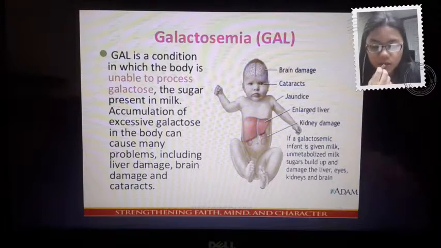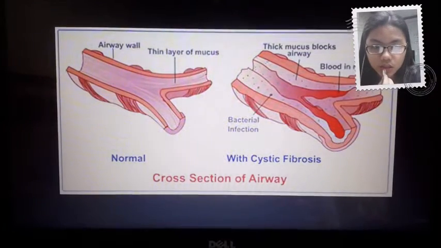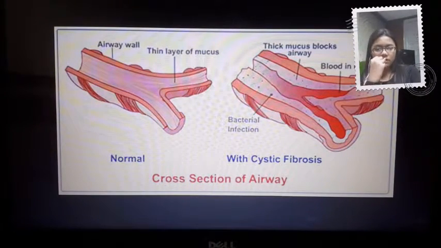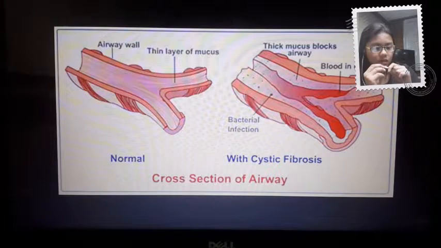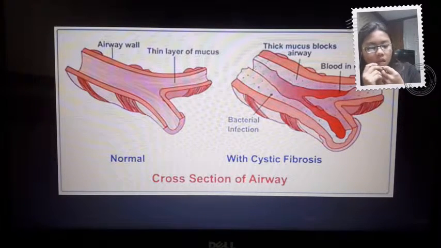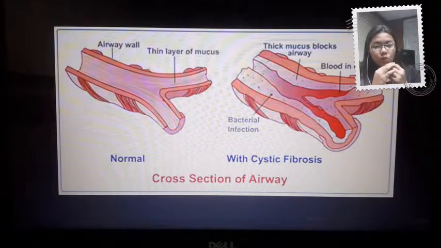And then next is the cystic fibrosis. Cystic fibrosis involves a chronic respiratory infection and malabsorption, where the affected gene here is localized at chromosome 7q.